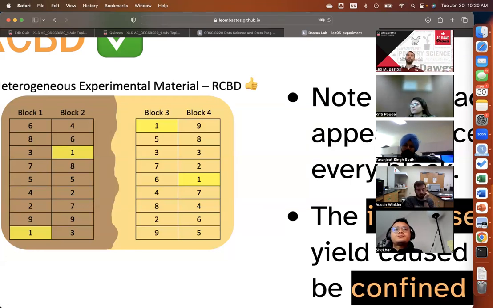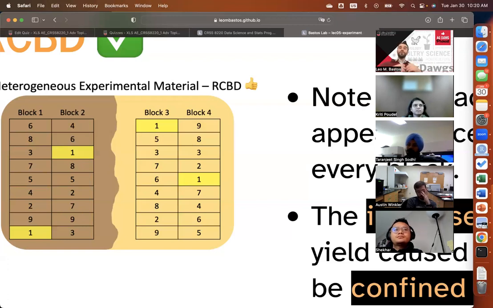But it could happen within this larger block that the same treatment falls right next to each other, just like in a CRD. So in that case, because you do have repetition, with all treatments appearing more than once within the block, you can actually use this information and test to see if the interaction between the blocking factor, which is soil type, and treatment is significant or not.